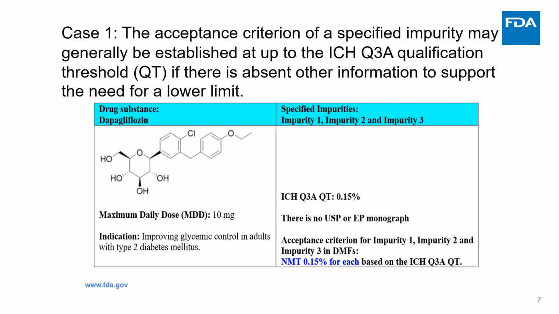Its ICH qualification threshold is 0.15% based on the maximum daily dose of 10 mg. So, the acceptance criterion of each specified impurity in the drug substance can be set at the ICH qualification threshold of 0.15%.